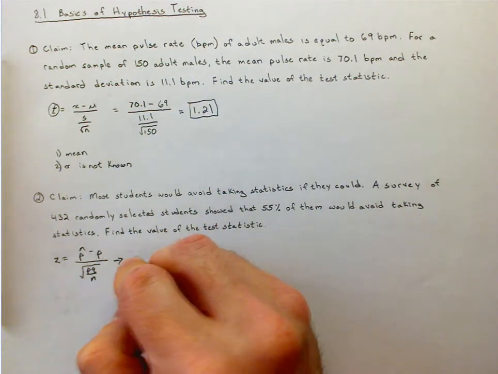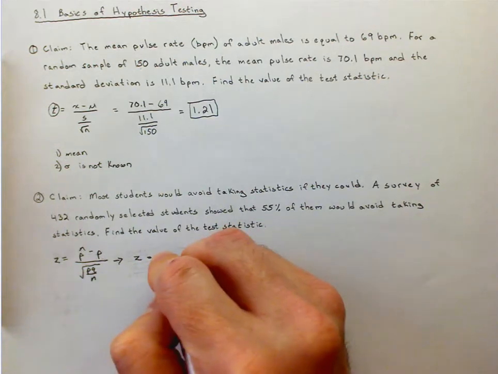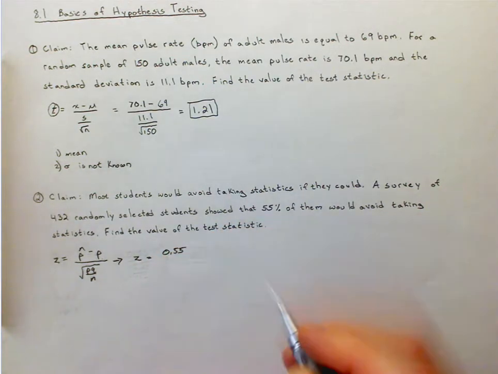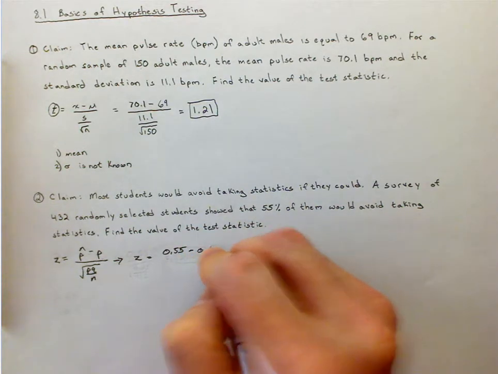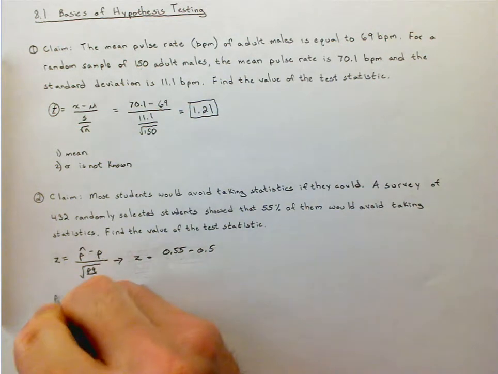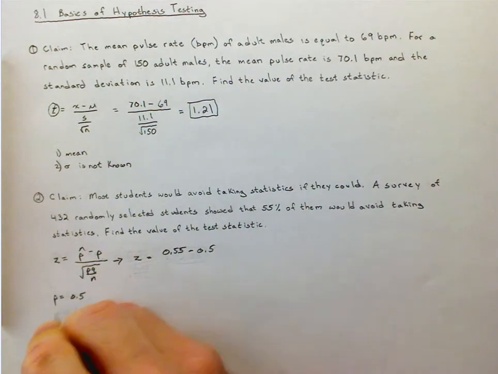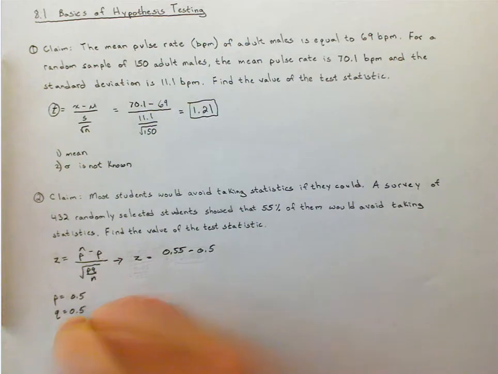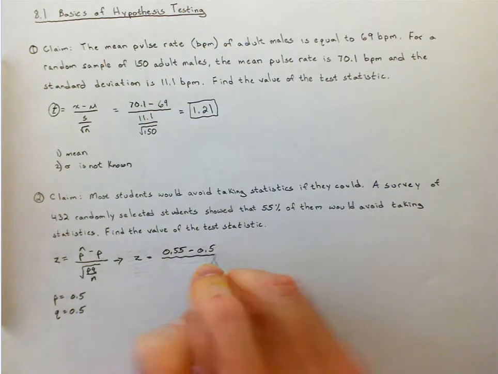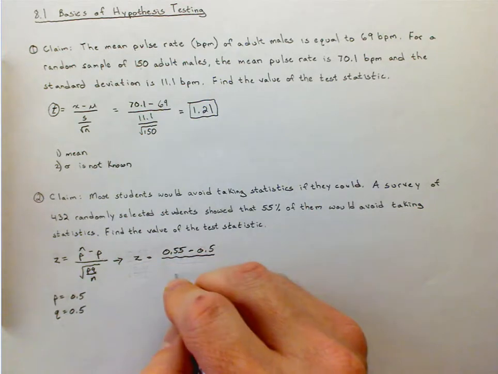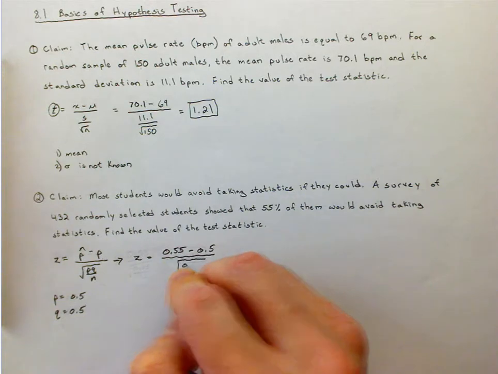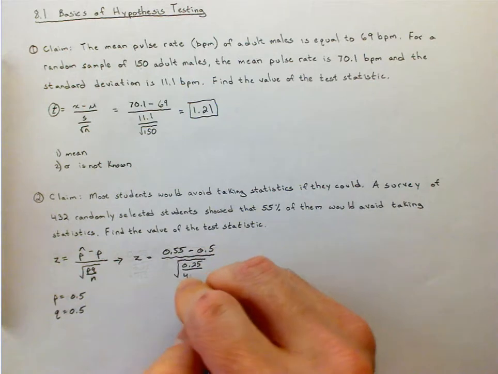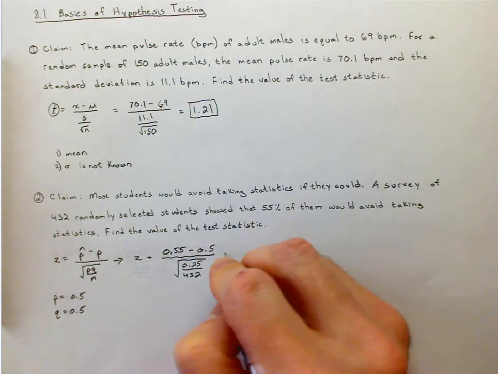So I will have z equals p hat is 0.55 minus, again we use the values for p, and subsequently q is 0.55 also. And hopefully by now you realize that once you have p unknown, you use 0.5 for p and 0.5 for q, so pq is 0.25, 0.5 times 0.5, and my sample size is 432.